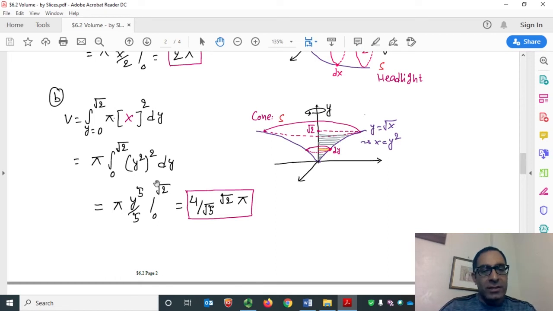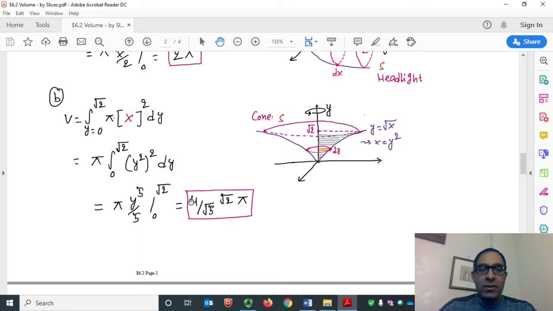Then we can easily integrate this, as these are power functions. So the last step here: pi as it is, y squared squared is y to the power 4. The integration of y to the power 4 is y to the power 5 over 5, with limits 0 to radical 2. Then put y equals radical 2, take the power 5 and simplify.